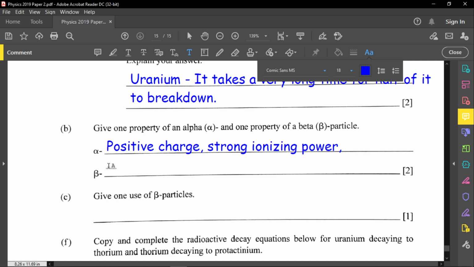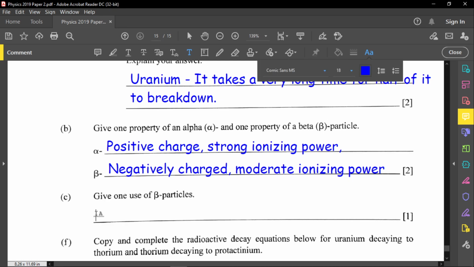And so for beta, it is negatively charged. And it is moderate in terms of ionizing power. And again, in terms of penetrating power, it has a moderate penetrating power. And here's a give one use of a beta particle.